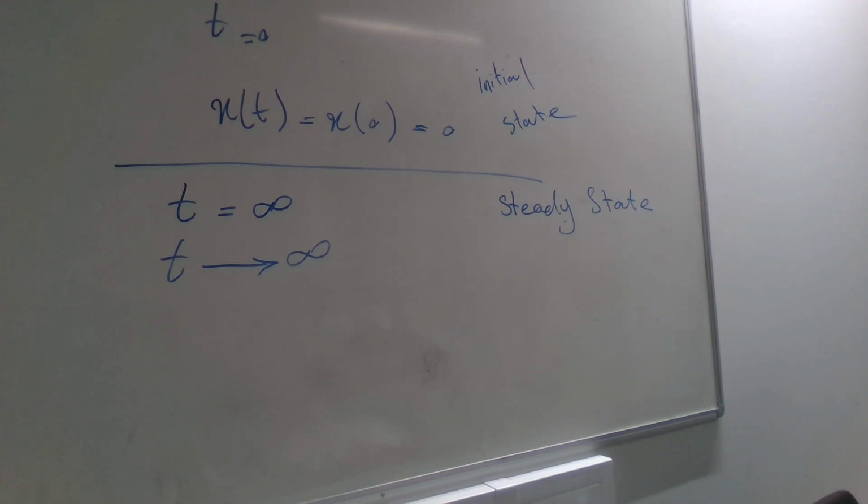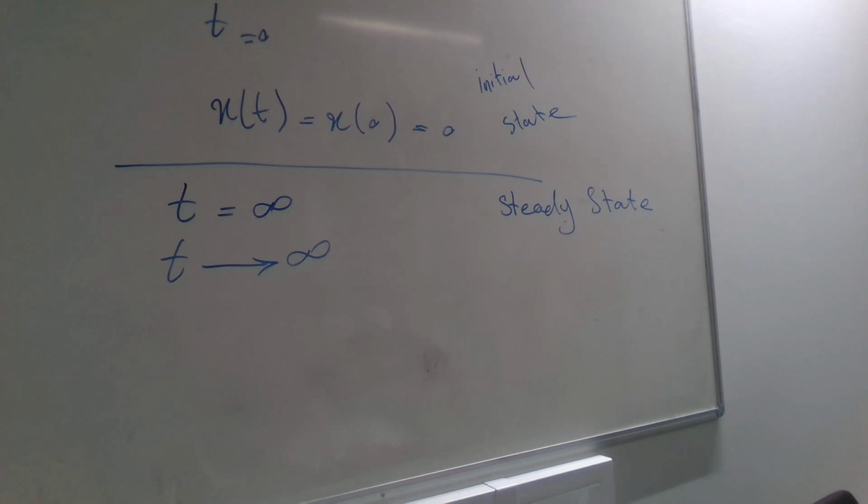So if that's e to the power of minus infinity, what is the value of that? Something to the power of infinity, it's infinity, right? 10 to the power infinity will be infinity.